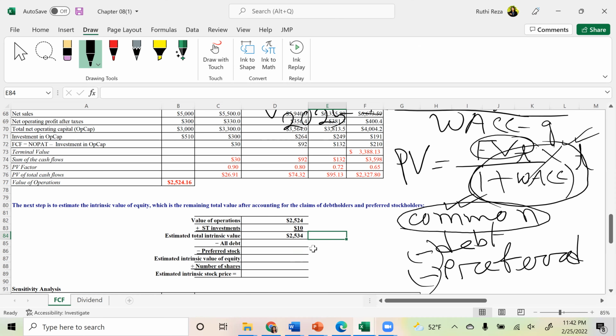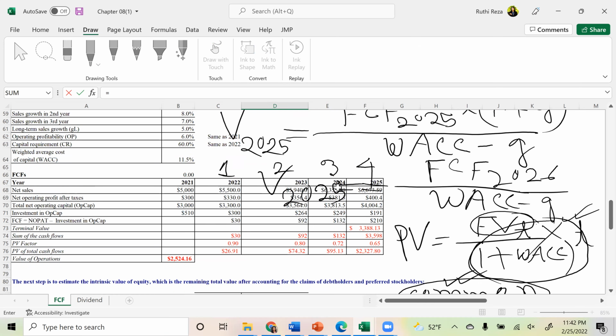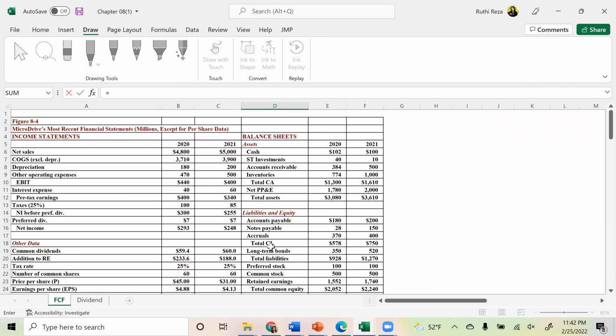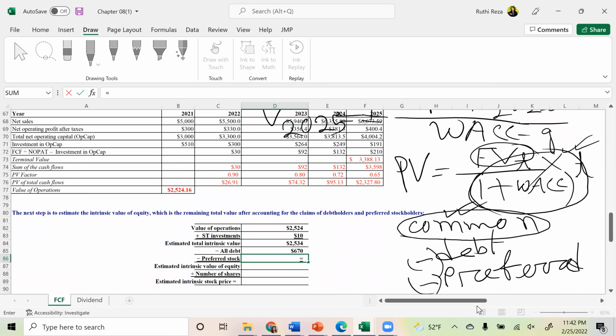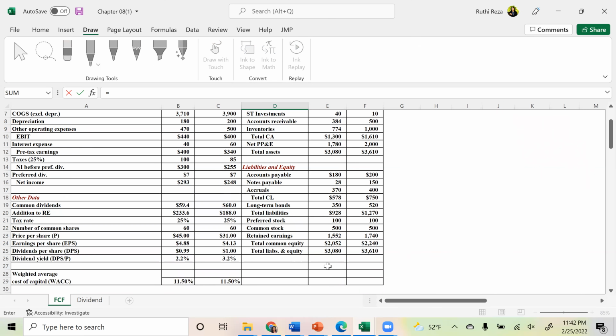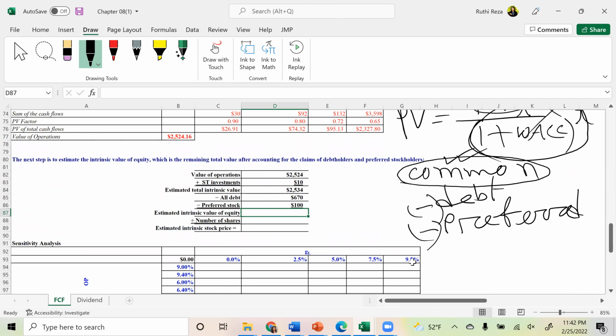Okay. So first, let us calculate value of our total debt. We have some short-term debt, we have some long-term debt in the base year. So short-term debt is notes payable, and long-term debt here is long-term bonds. Okay. Then preferred stock is 100 in our base year. Now the estimated intrinsic value for the total equity.